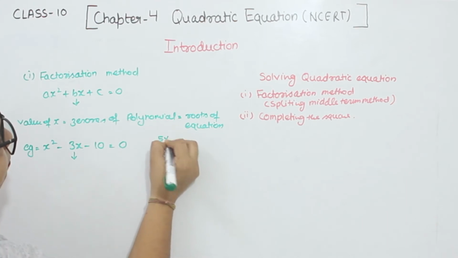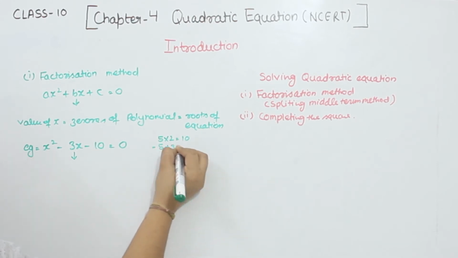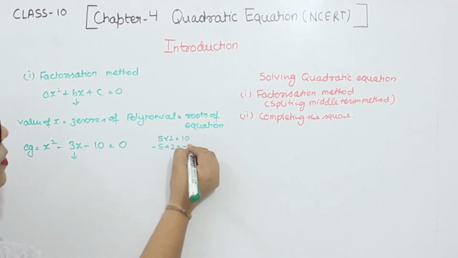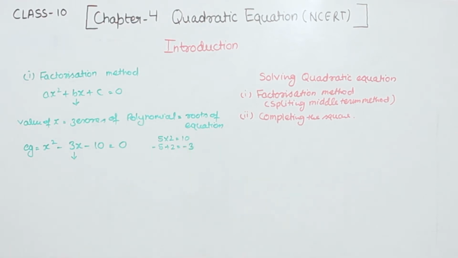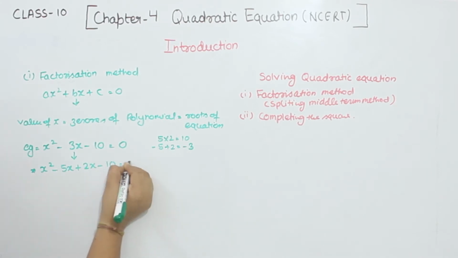If I multiply 5 by 2, we get 10, and minus 5 plus 2 is equal to minus 3. So we will split the middle term with these two numbers. First we write x square minus 5x plus 2x minus 10 is equal to 0. So we have split the middle term.